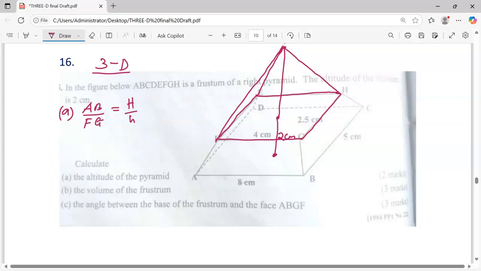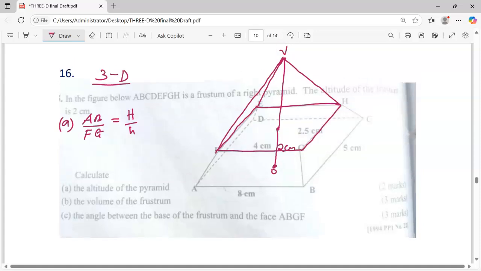The big H is going to be from this point, let me call it O, all the way to a point V. We also have a point we can call M at this particular point. OM is 2 centimeters, but we do not have MV.